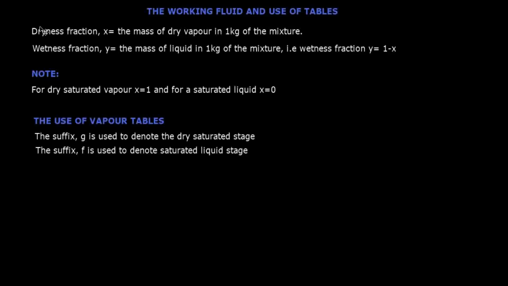You can also say Y is equal to 1 minus X. That is, when the dryness fraction is subtracted from 1, you have the wetness fraction. For a dry saturated vapor, the dryness fraction is equal to 1, and for a saturated liquid, the dryness fraction is 0.